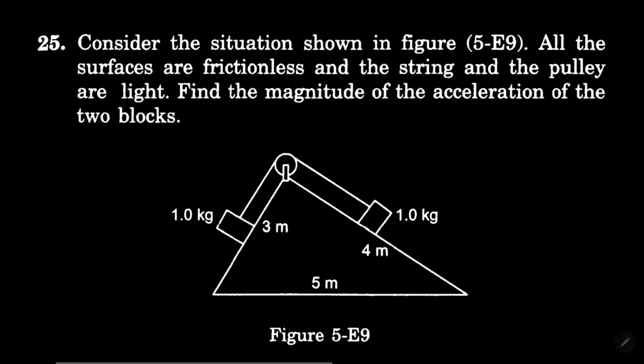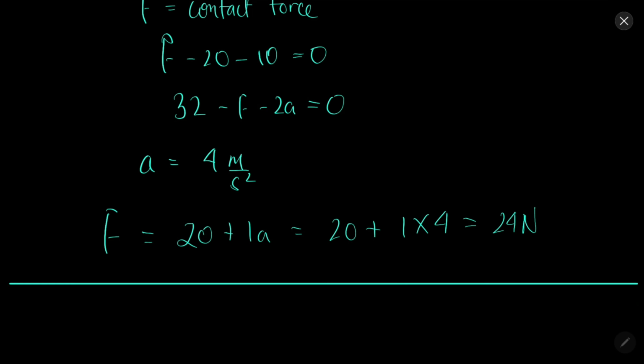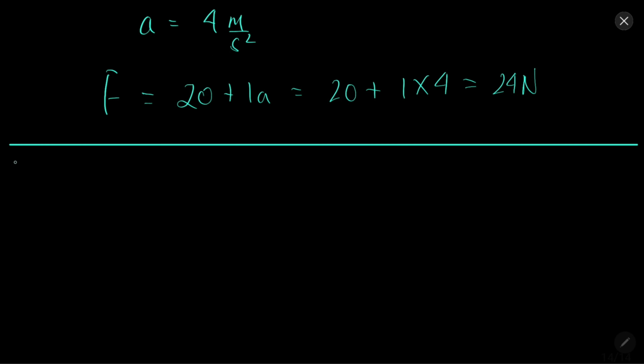Question 25. We have a situation. All the surfaces are frictionless. We need to find the magnitude of acceleration of the two blocks. So this is the 25th one. The free body diagrams of the two blocks will be something like this.